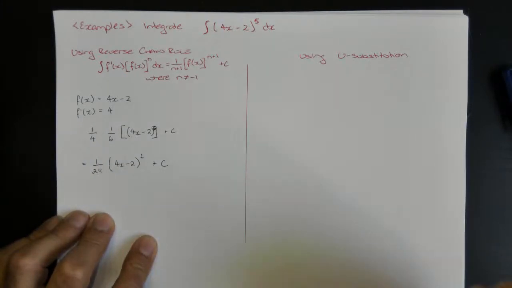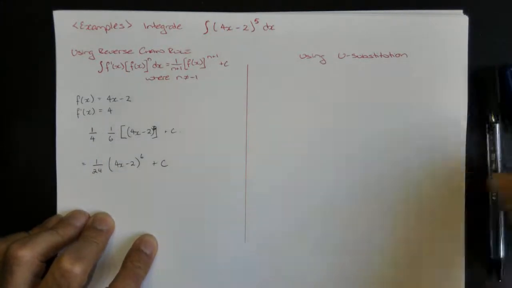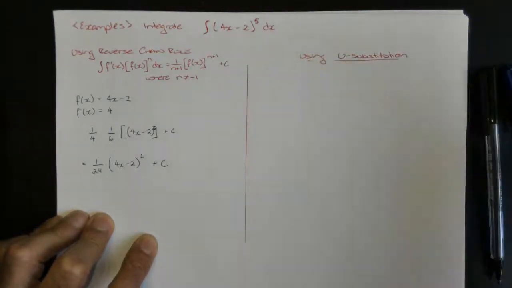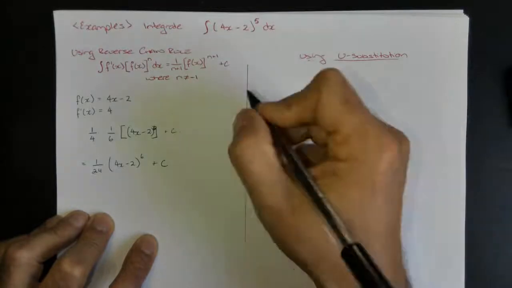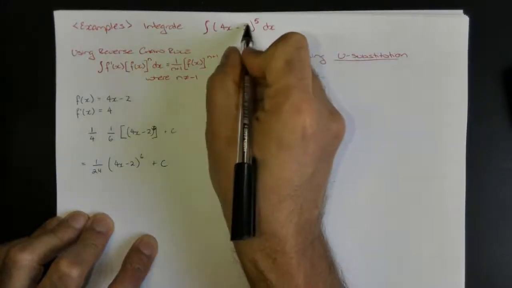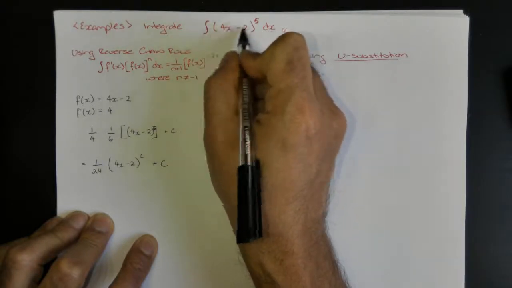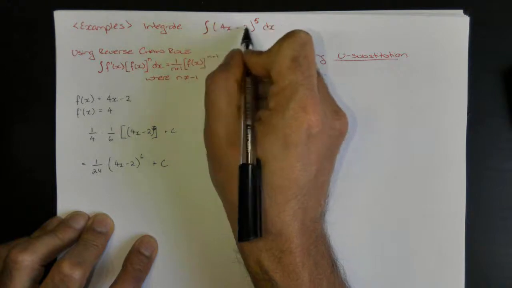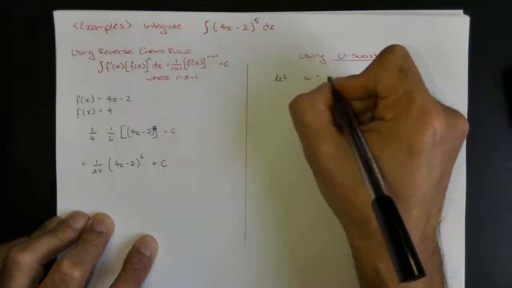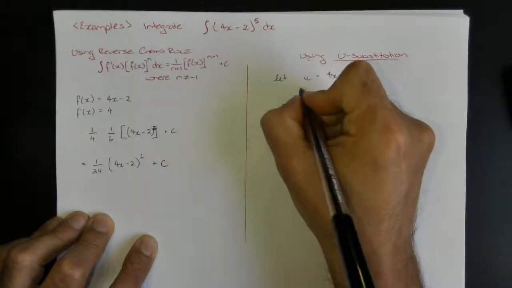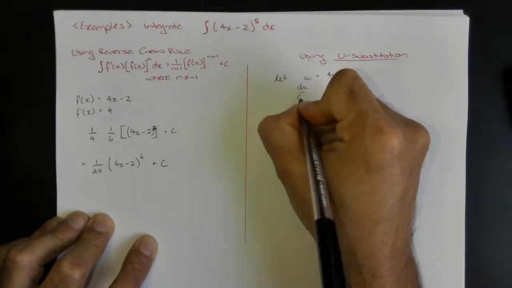Okay. The alternative is to use the u substitution. And what that means is that I can let u be the term that happens first. So at the moment, if I was to do something, I would have to plug this in first and then raise it to the power. So I'm going to let u be 4x minus 2. I'm then going to differentiate that with respect to x, so du/dx.